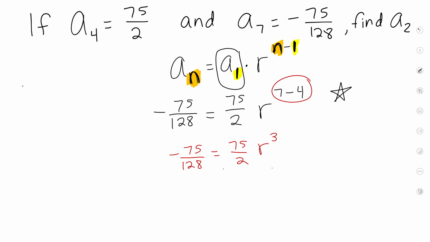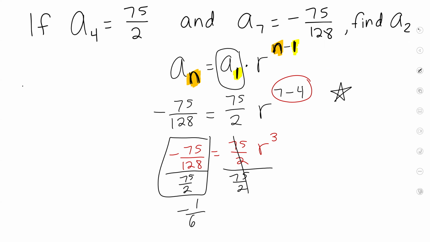So let's go ahead and start solving. I'm going to divide both sides by 75 over 2. If you type this into your calculator, you will get negative 1 over 64 equals r cubed. Now, to get rid of a cube, we're going to take the cube root of both sides. This cube root cancels out with the cube, so I'm left with just r.